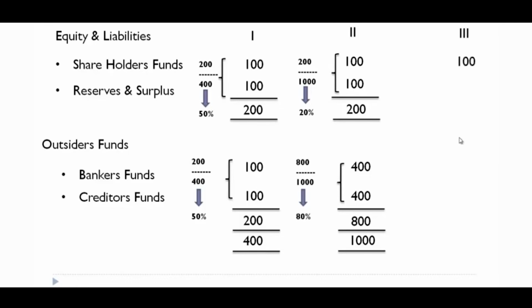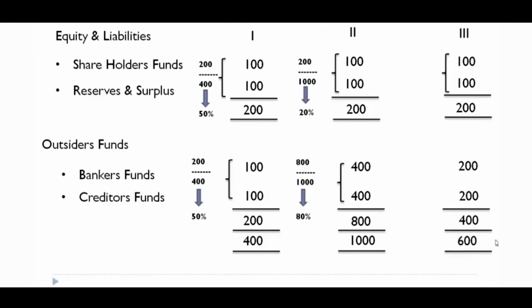The shareholder funds, that is share capital, is 100, reserves and surplus is 100, so total is 200. Whereas the banker funds are 200, creditors funds 200, total outsiders funds are 400, and total liability is 600. How is it? 200 plus 400, 600. Now this 100 plus 100 is the shareholder funds, which is 200 out of 600.